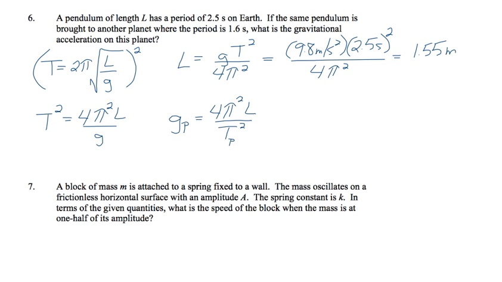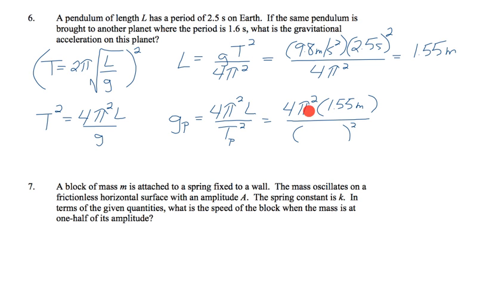Okay, because it's a different T than the period for the Earth. Everything else is the same though. So 4 pi squared L, that's 1.55 meters, and we're going to divide that by T squared. If I put in 2.5 right here, I'm going to get 9.8 as my answer.